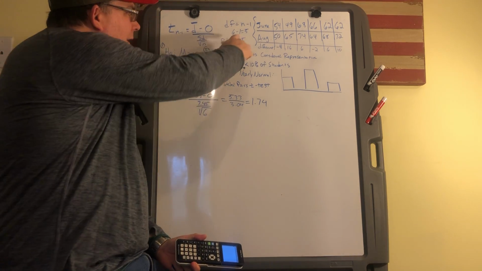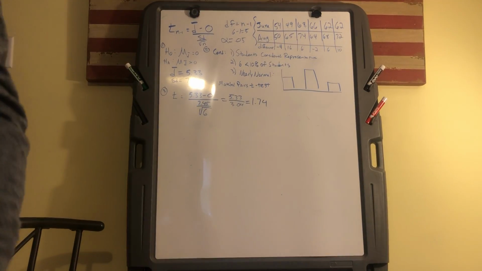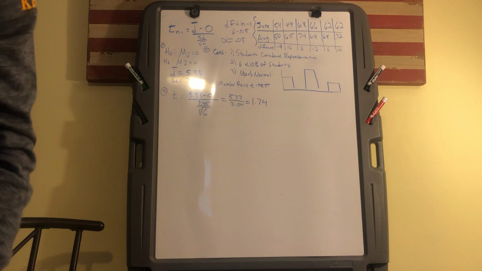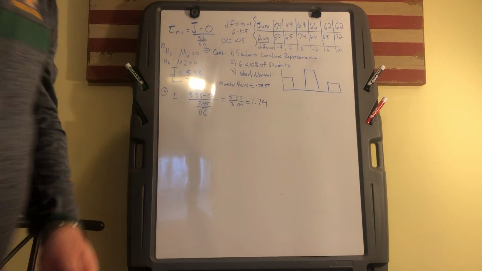So with 5 degrees of freedom, I'm going to look up 1.74 in the t-score chart. And I get that it's between 5% and 10%.